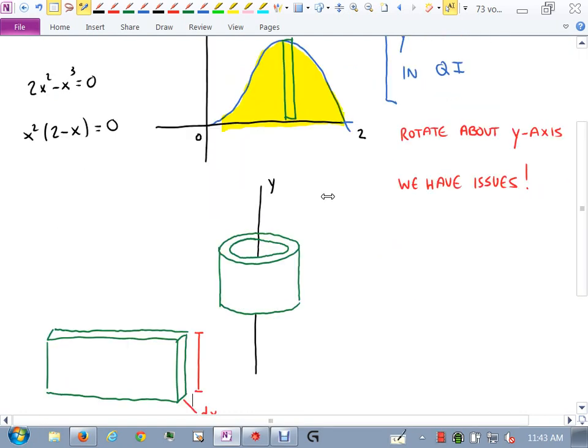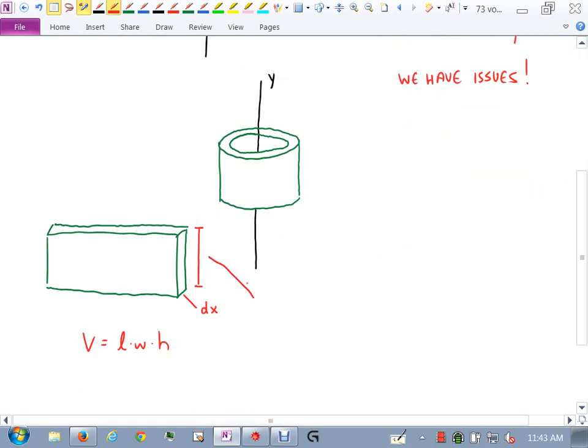You all agree? So I'm going to say this side is the top minus the bottom. Here's my picture that goes with that. Here's my rectangle. We have a top function. We have some bottom function.